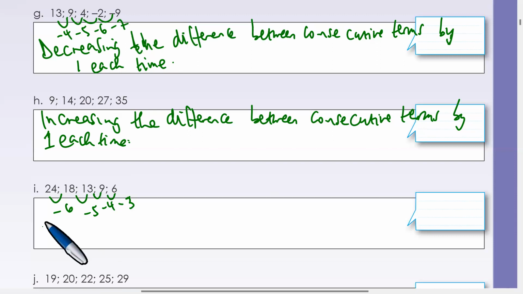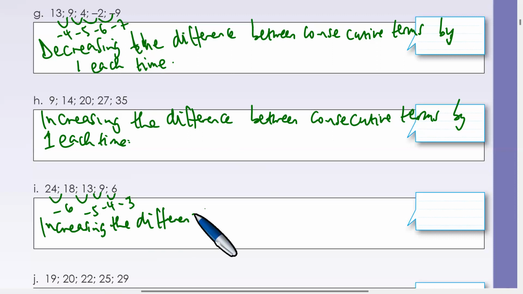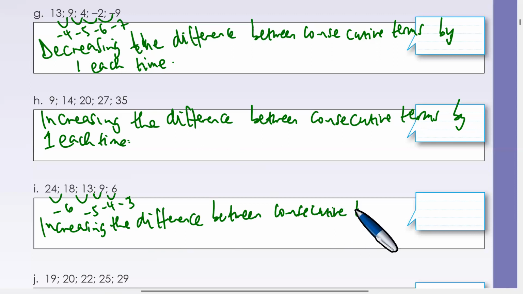So we are increasing the difference between consecutive terms by one each time.